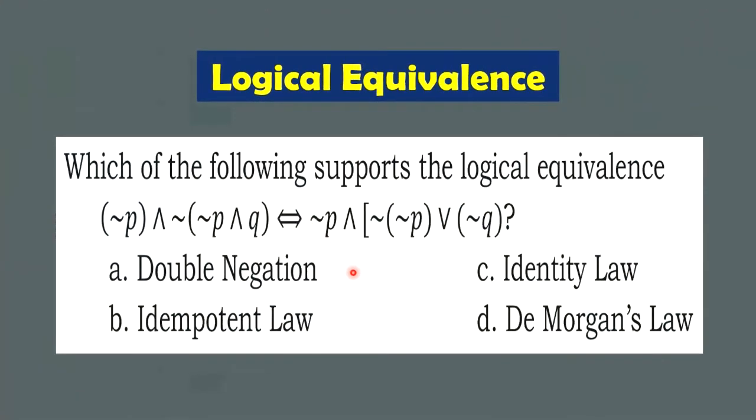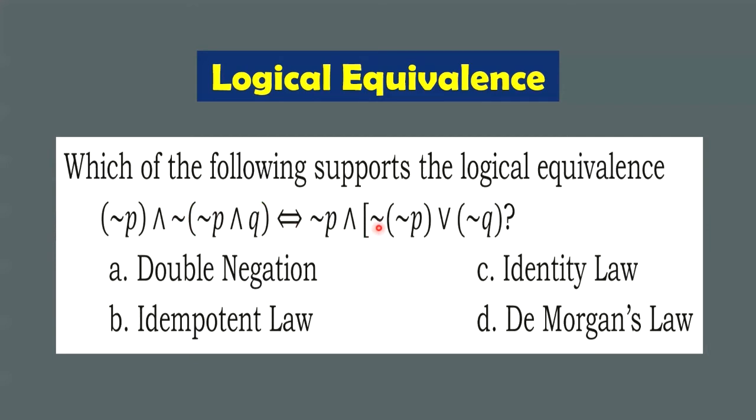I think this is the last one. So, please study this logical equivalence. Which law supports this logical equivalence? Pareho naman, not P, and, this one, this negation is being distributed inside.